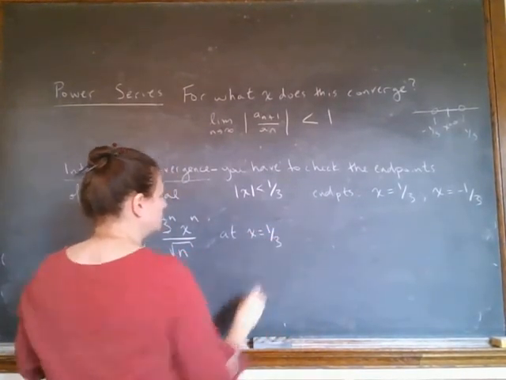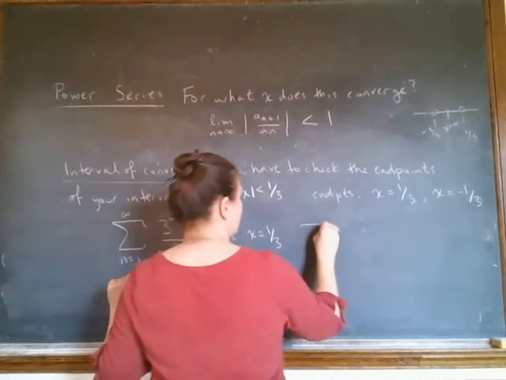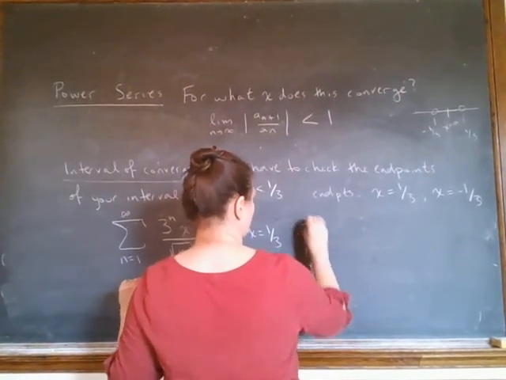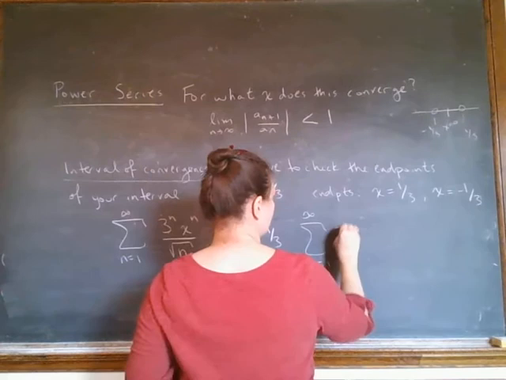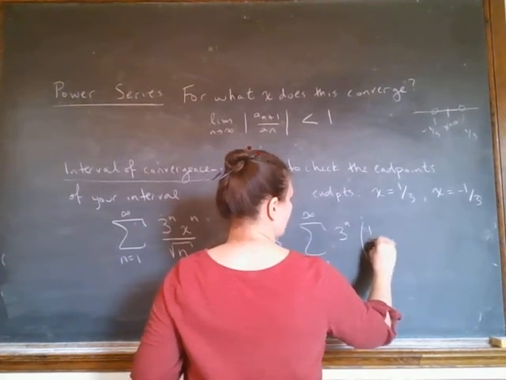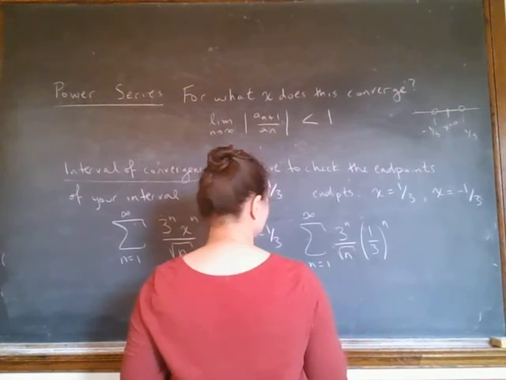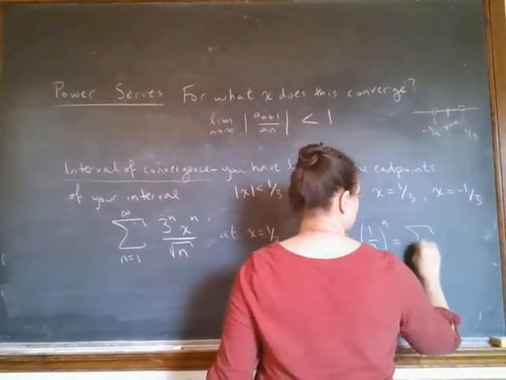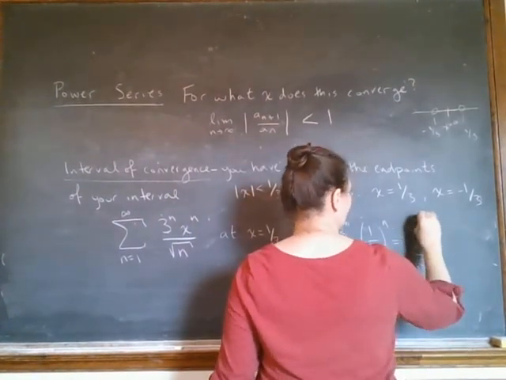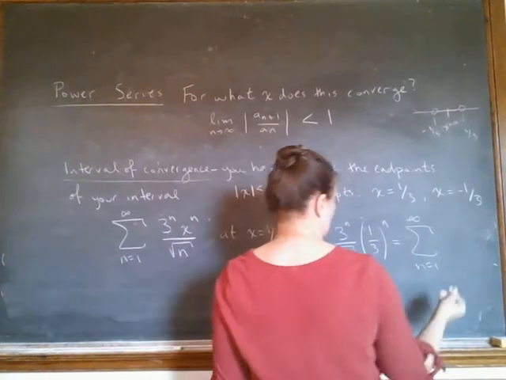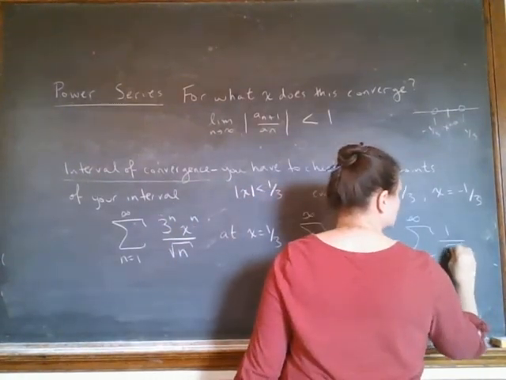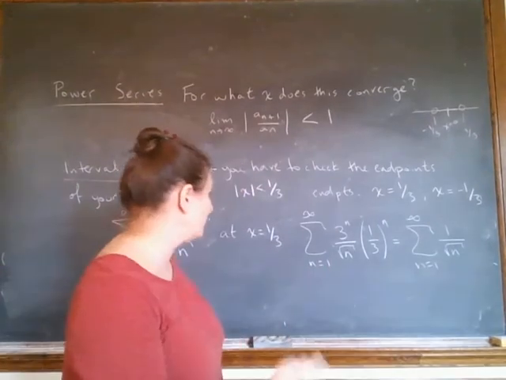At x equals 1/3, what do I get? 3 to the n, 1/3 to the n, root n. These 3's cancel. This is 1 over square root of n. So this diverges.